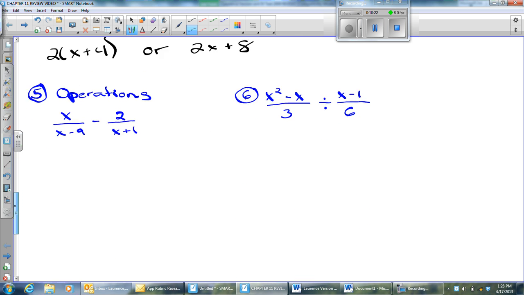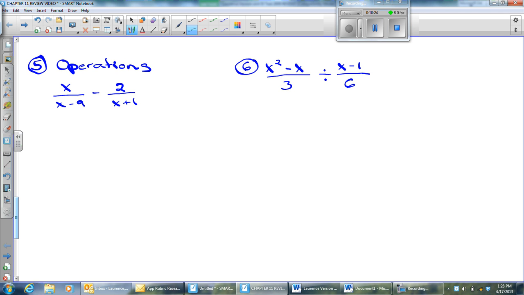All right, the next thing is operations. And you guys got this fairly quickly when I went over it in class. Now that we have to do it all together, you're kind of getting confused. So we're going to treat this just like we did fractions way back in 5th grade, only we have variables now. The rules are still the same.